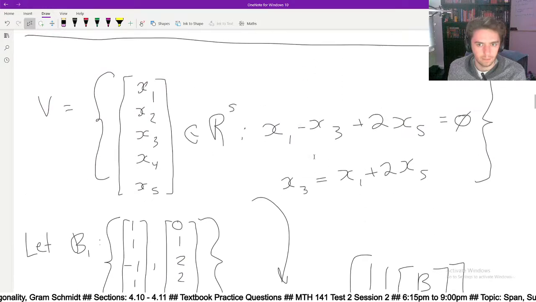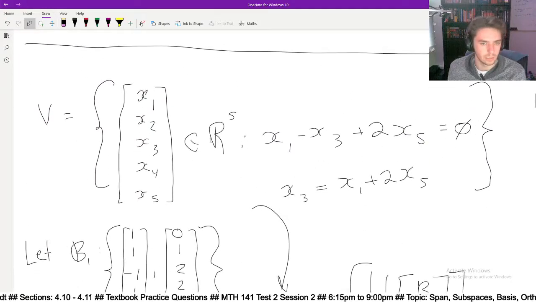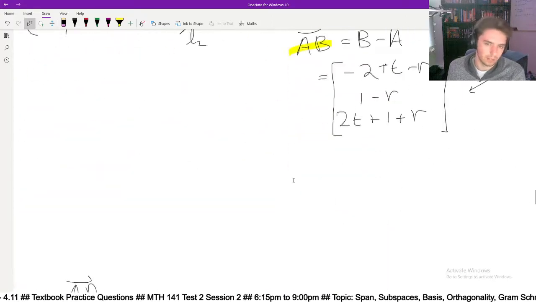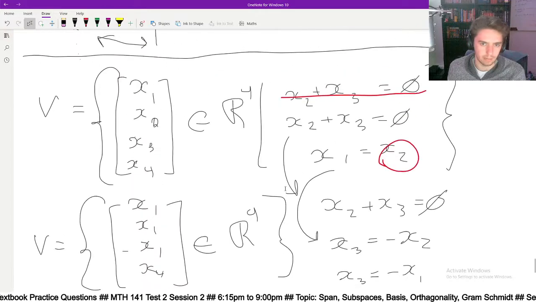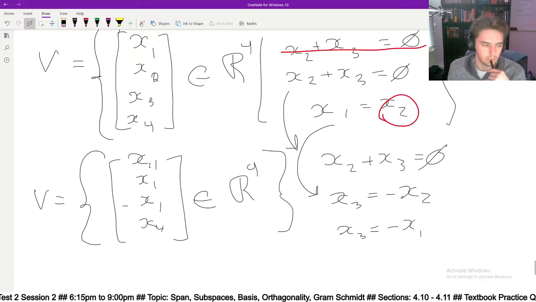Here I only had one condition, so I only sub one variable out. Here, maybe that rule doesn't really work, because I have 2 conditions and I subbed in 3 variables.